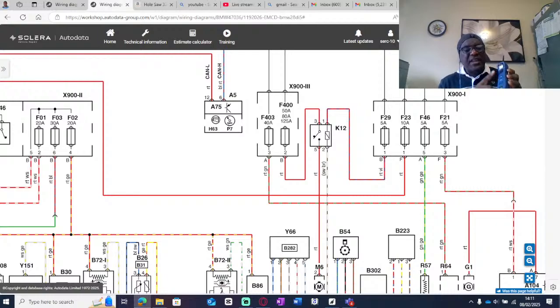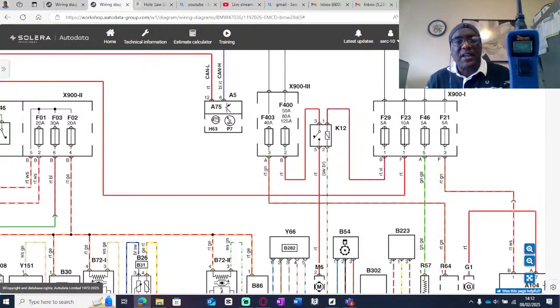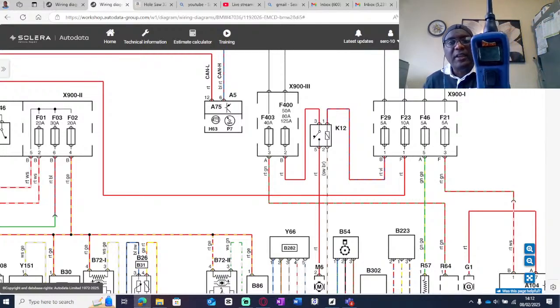I am going to make a short immediately after this video just to demonstrate how you use this tool. And as well, you see this switch that you have here. There is a plus sign and a negative sign on that switch.